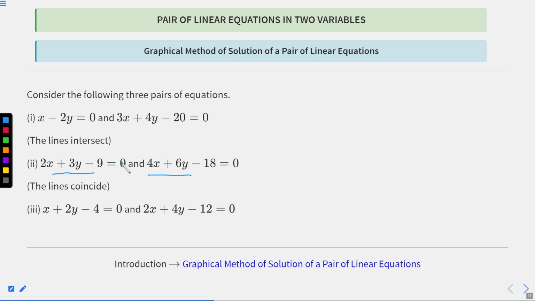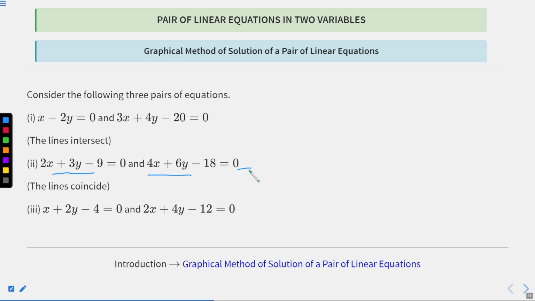If we multiply equation 1 by 2, then we will get equation number 2. So equation number 2 depends on the first equation, 2x plus 3y minus 9 equal to 0.